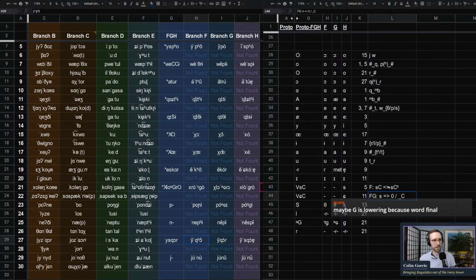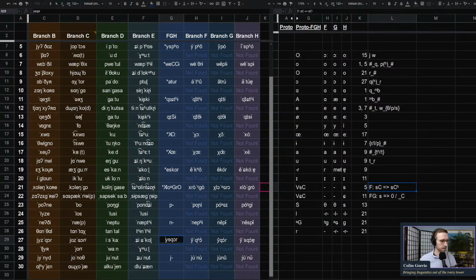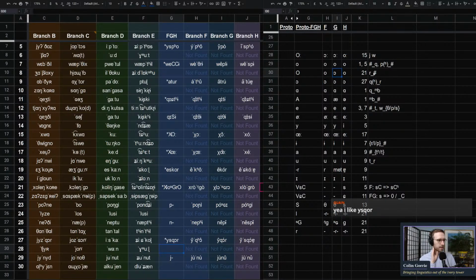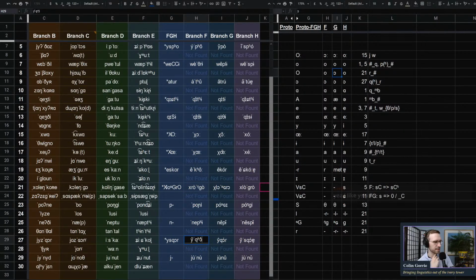Otherwise we get it purely from the aspiration of the adjacent S. We may have, in 21, some vowel lowering or raising actually, because it's word final. But if that's true, then we'd expect this to be, but this was originally an R.